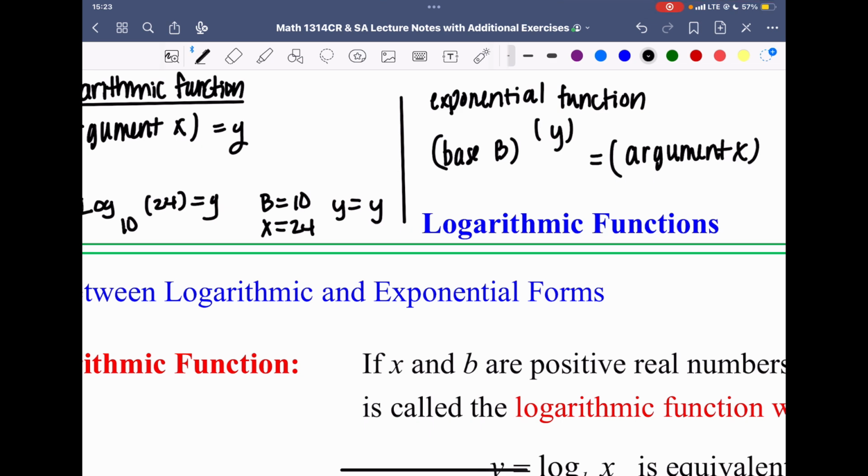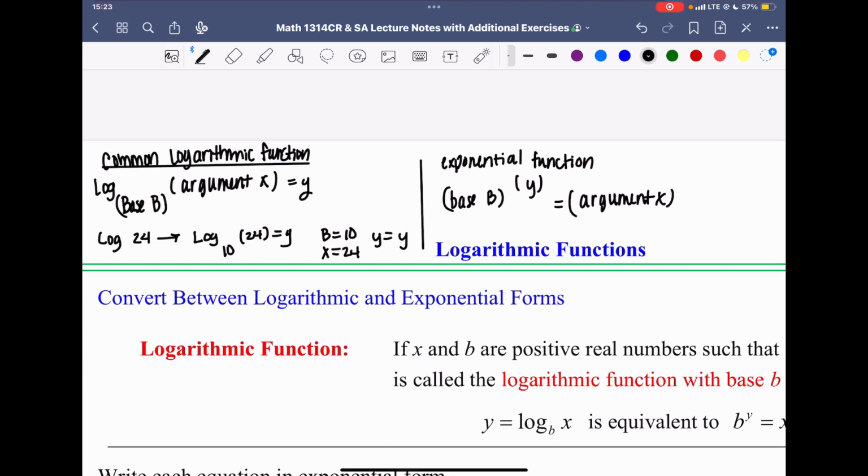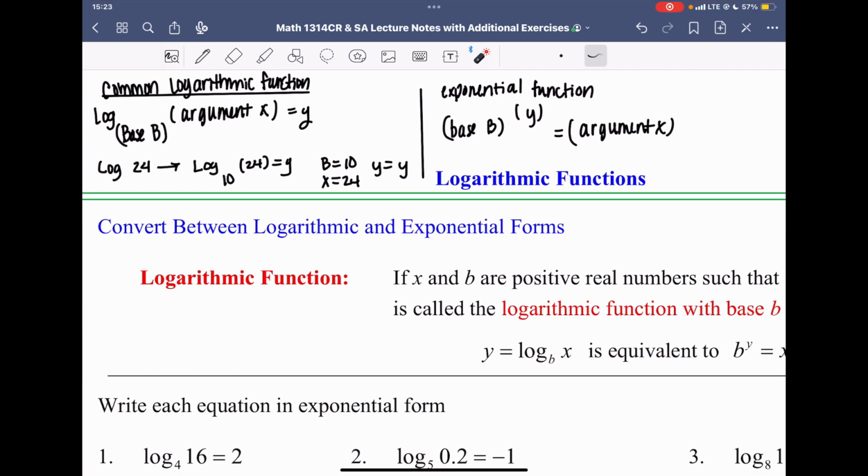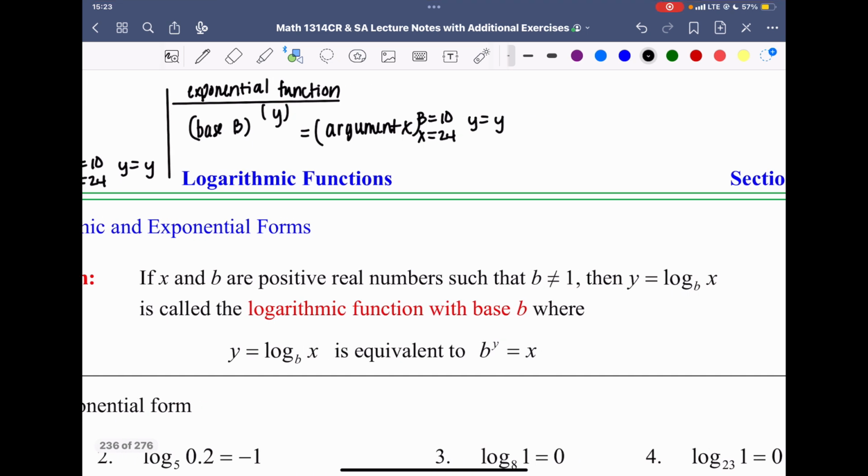Okay. So suppose we had, so we're going off of this example, we have log 24. So we're saying log base 10 argument 24 equals y. We're using the exact same values here to set up our exponential form. So when we set up our exponential form, I want to move that, it's too close. Something like that.